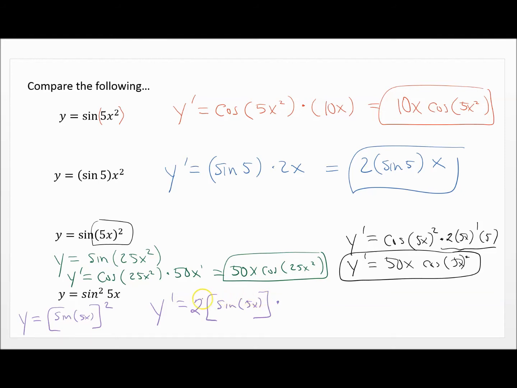So when I take the derivative of sine of 5x, that's going to be cosine of 5x times the derivative of the inside of that, which is 5. There's a lot going on there. Pause it. Make sure you understand that. There was no rewriting that function, so you can't avoid using the chain rule twice in that case. You have to. There's no choice.